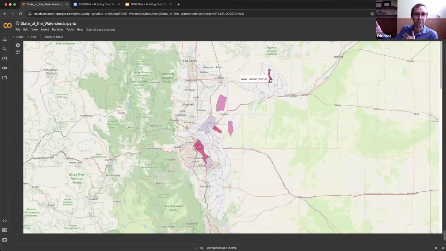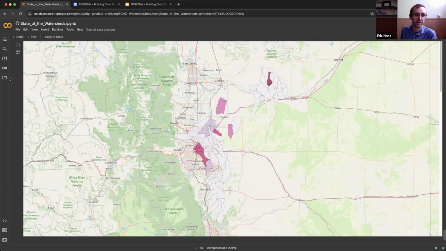Now, linking that to specific point sources, well, we'd have to go back and look at those bad actors and look at potential non-point sources and whatever, but this starts to give us a clue of perhaps where that degradation is happening. So this is the State of the Watersheds notebook that gives us both nationwide and local trends on water quality, enforcement of water quality, legislation, and so on.